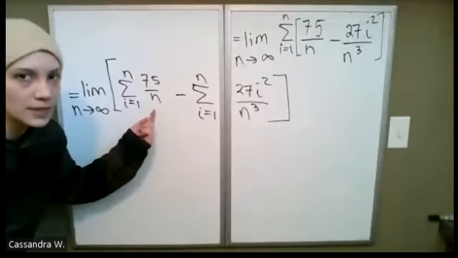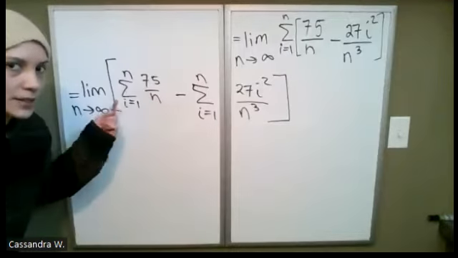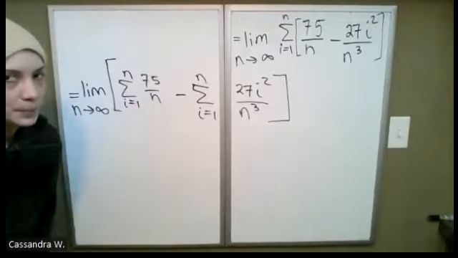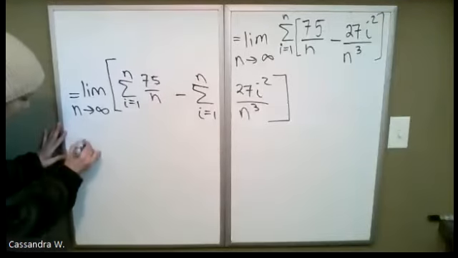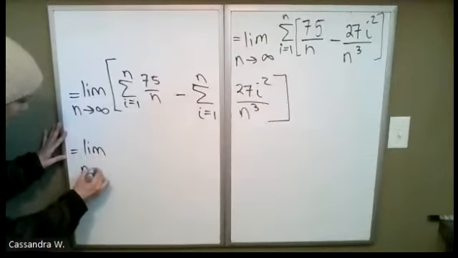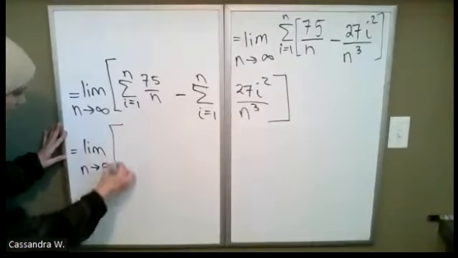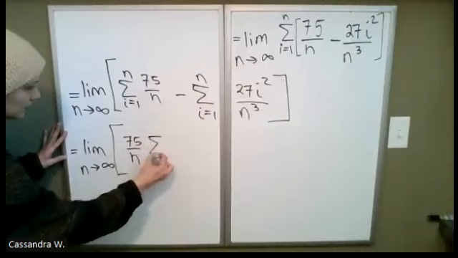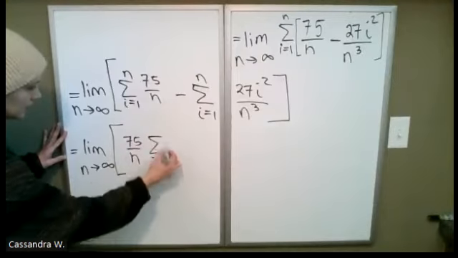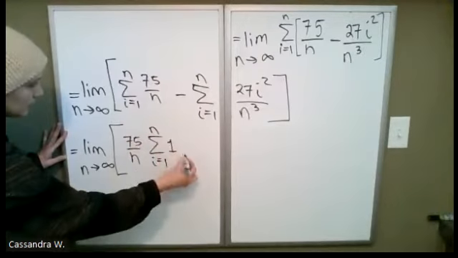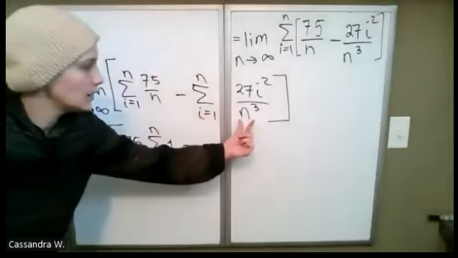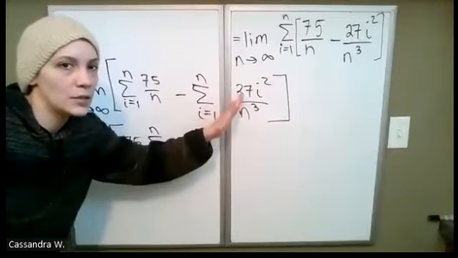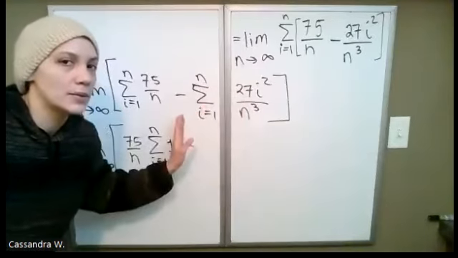Okay, now for this sum, we're going to bring 75 over n to the front and leave 1 in the sum. And I need to bring the 27 over n cubed to the front, but that i squared has to stay because it's influenced by that index right there.